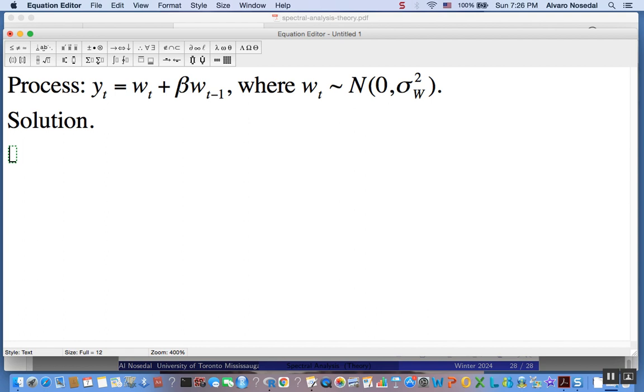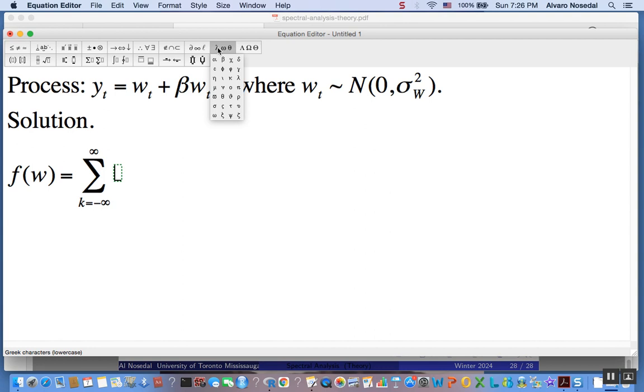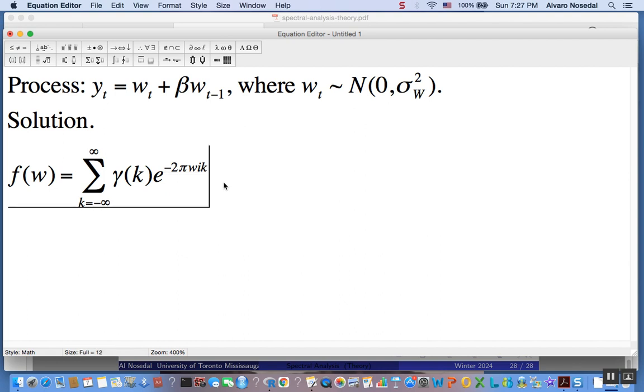So what we have here is F at W equals the summation going from k equals negative infinity to infinity of the autocovariance function gamma evaluated at lag k, gamma at k times e to the power minus 2 times pi times W I k, where I is the square root of negative 1, okay?